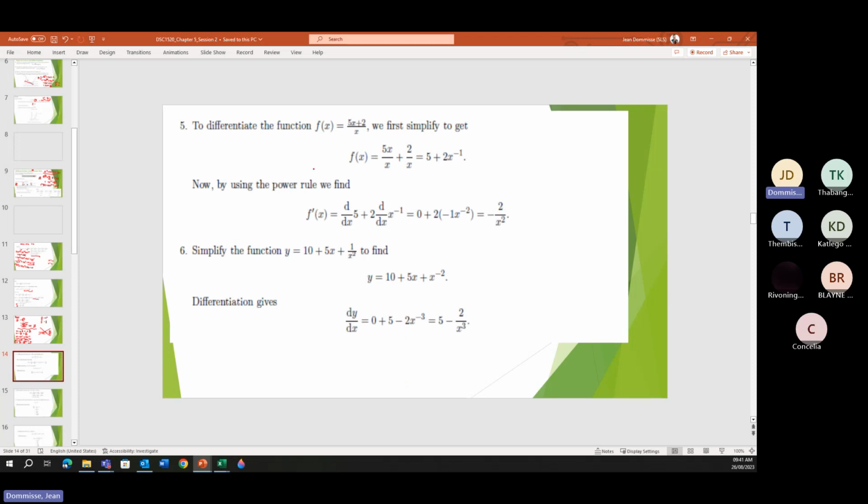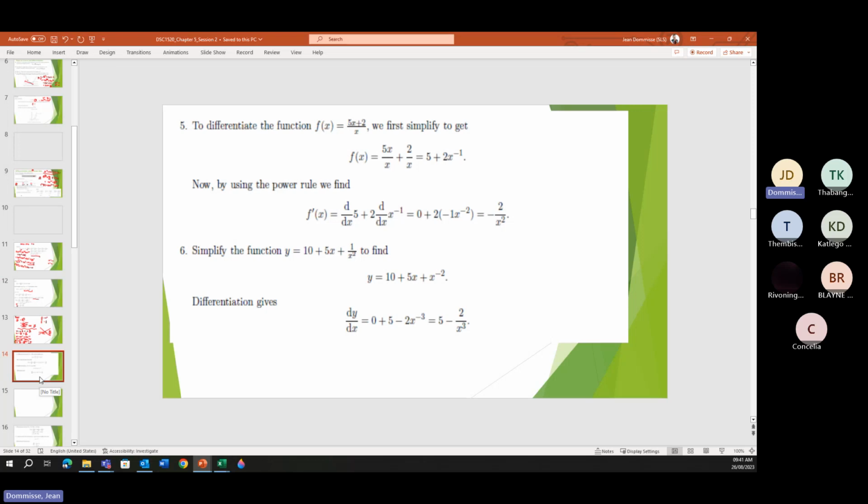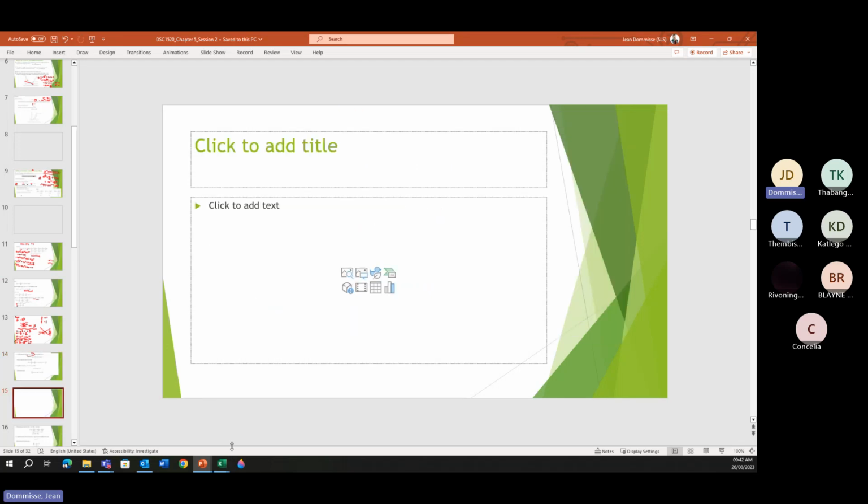You can see there's even more. So let's do this one. Sorry, before we go to the next set, because this is also an important one that we need to know, let's quickly do that.